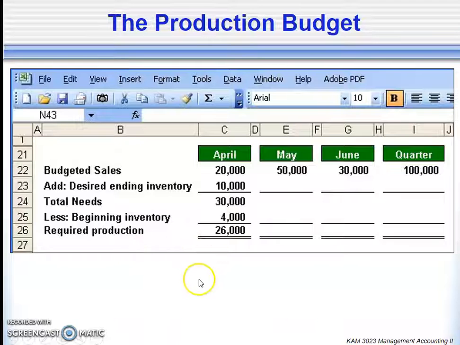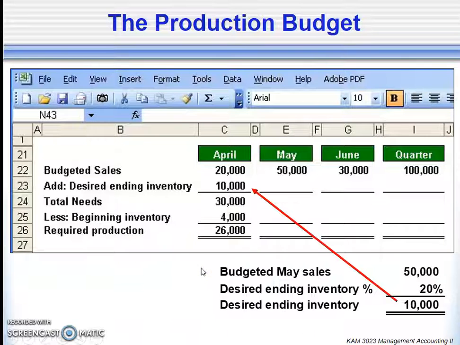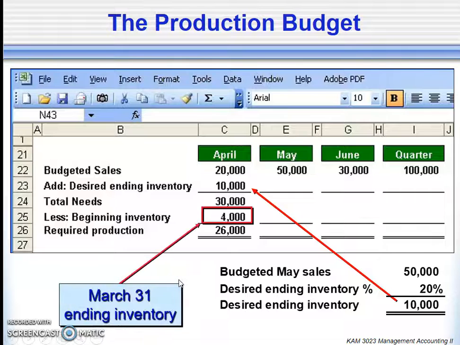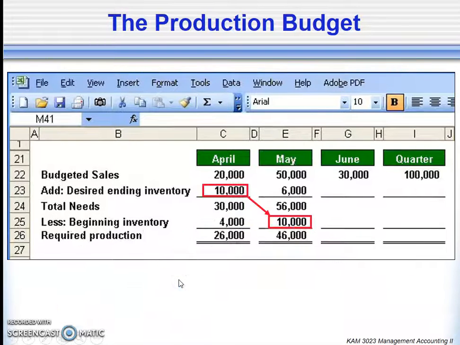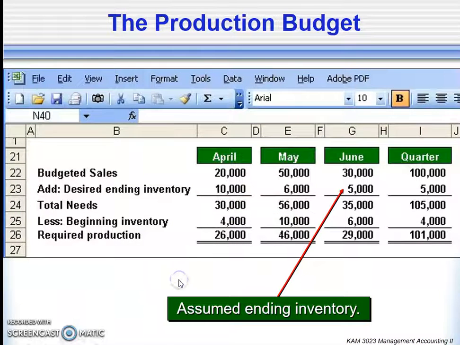So we get the required production. So this is how it is calculated based on the information. We do the same for the rest of the months.